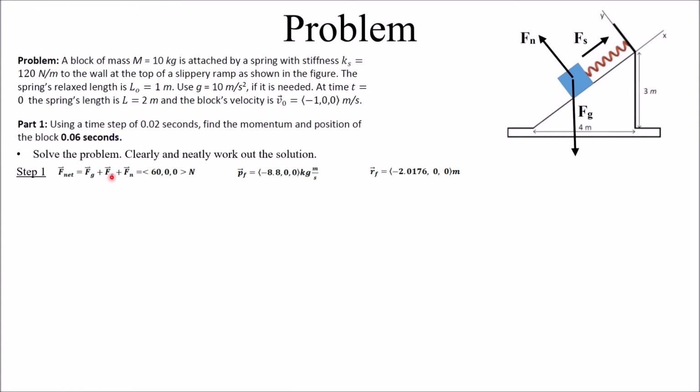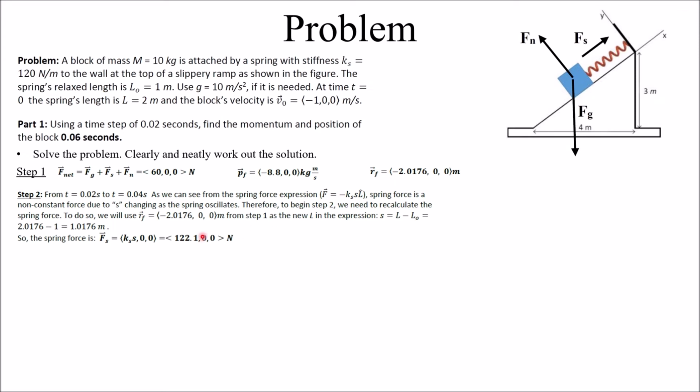This is a summary of what we had from the first step. We have our net force that we calculated, our final momentum after 0.02 seconds, and our final position after 0.02 seconds. What we'll do now is consider what's going on in the next time step, from 0.02 seconds to 0.04 seconds. The spring is going to have been stretched a little bit more.